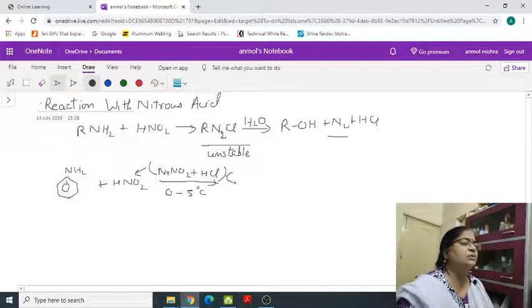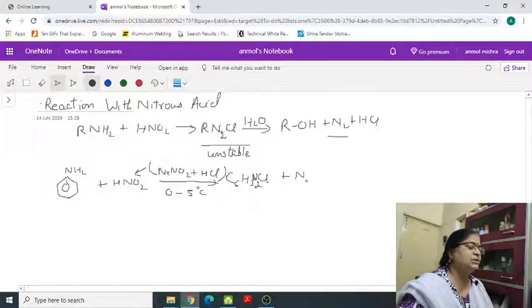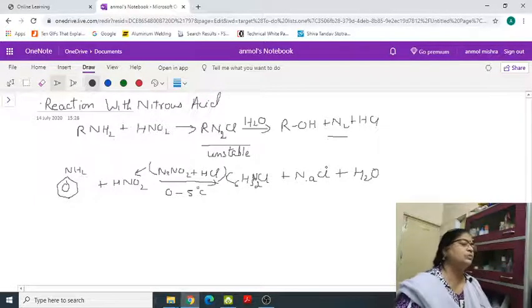It forms benzene diazonium chloride, N2Cl, plus H2O. Secondary and tertiary amines react differently with nitrous acid.